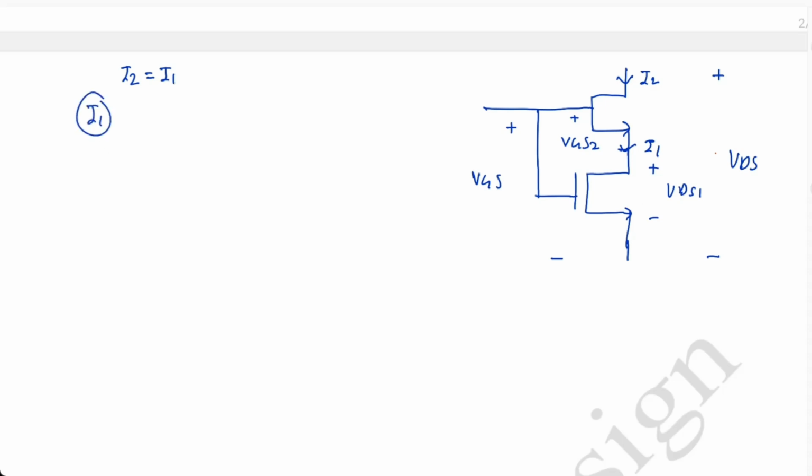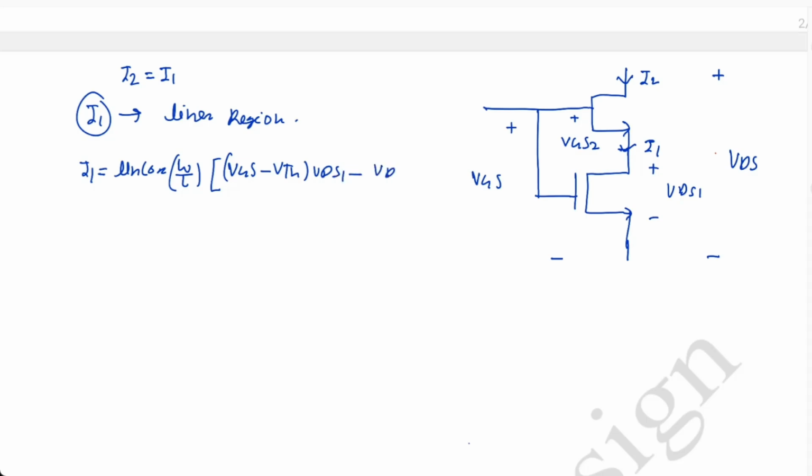And what will be I1? Since M1 is always in triode region, I1 will be the linear region current. So I1 will be mu1 Cox W by L1 times (VGS minus VTH) into VDS1 minus VDS1 squared by 2.